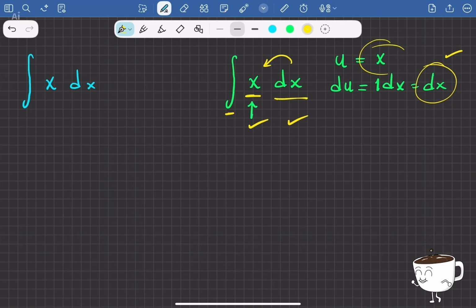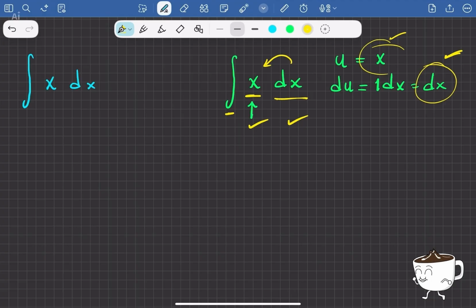And we can complete it with numbers, but not with variables, not with letters, nor with trigonometric functions either, neither sine, nor cosine, nor tangent. We can only add numbers, but later we will explain it. In this case, we have it complete. We have that our du is dx, here it is, and our u is x.